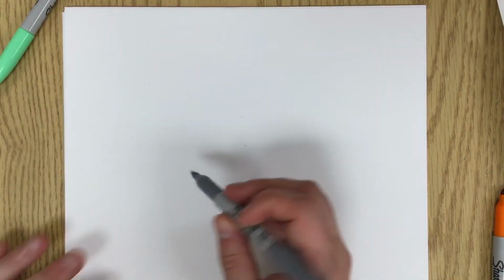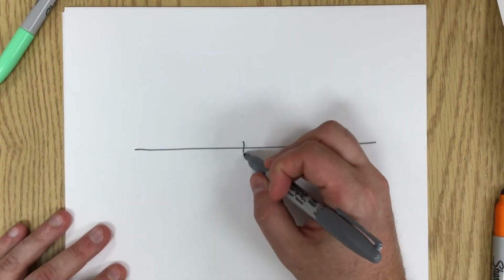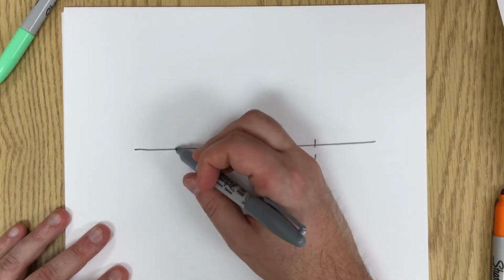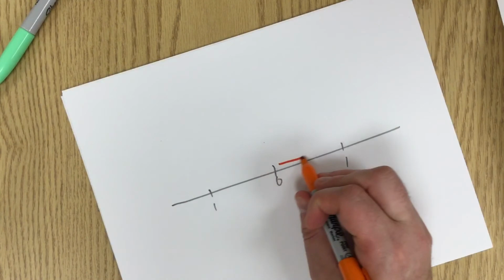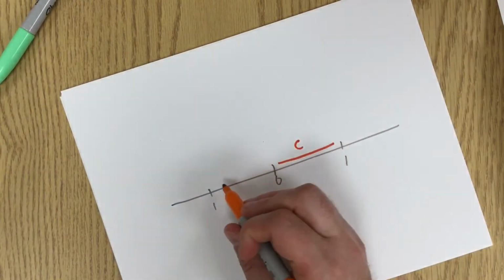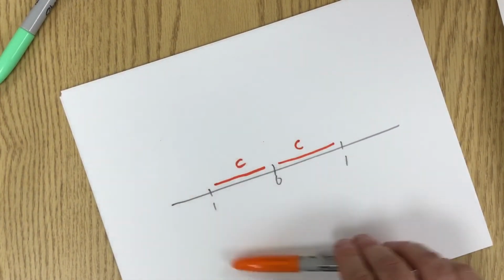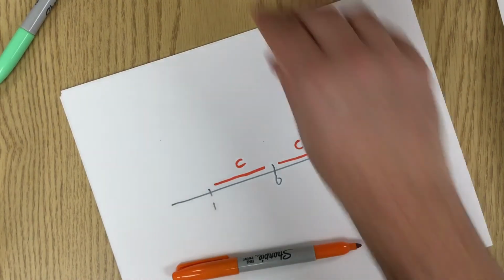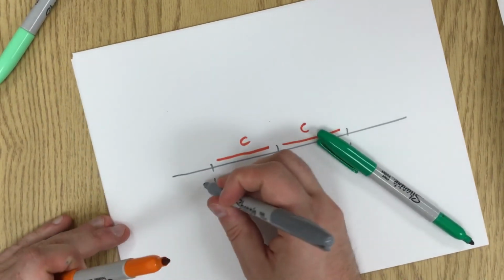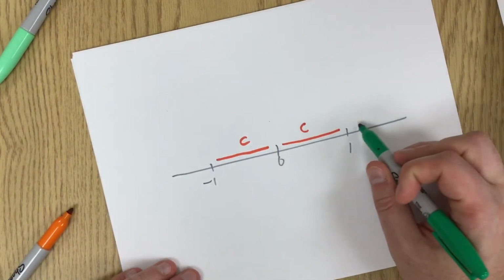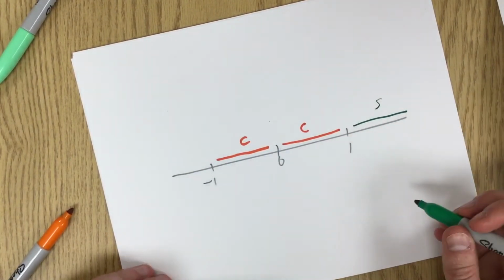To summarize what happens with the a over here, this over here is a compression. If it's more than 1 or less than, that should be a negative 1, that's going to be a stretch.